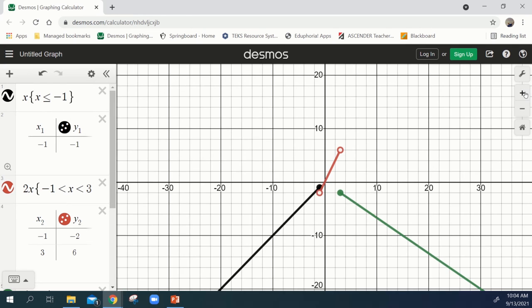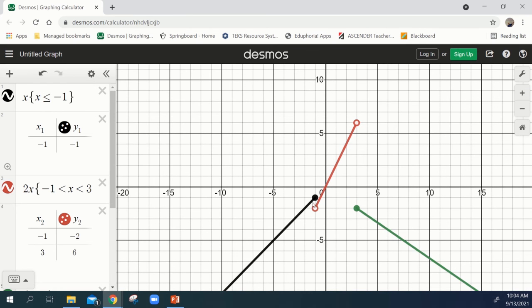Positive infinity. Well, let's make sure we're including everything, right? Because right here, well, we're including -1. It's not included here in the red open circle, but it is included in the black closed circle. And then if we look here at 3, right, it's not included on the red open circle, but it is included here. So it's continuous for all x, so that means it's all real numbers.